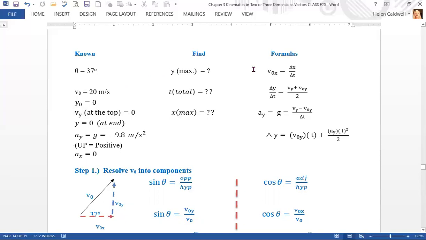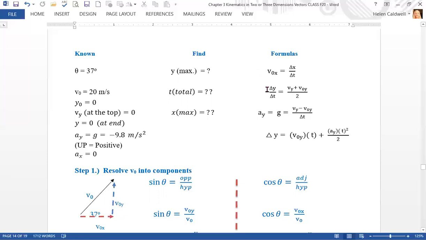You have that V0x, and remember the 0 and the x are subscripts, is equal to delta x over delta t. We know that delta y over delta t is equal to Vy plus V0y over 2. And again, the y and the 0y and those two velocities are subscripts. We know that a sub y is equal to g is equal to v sub y minus V0y over delta t.